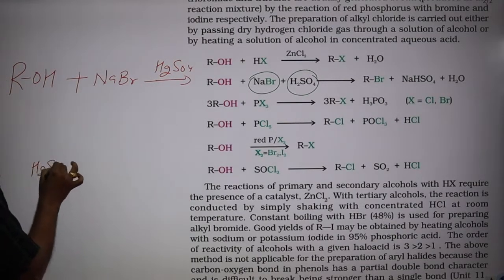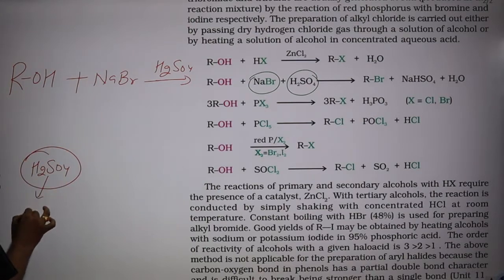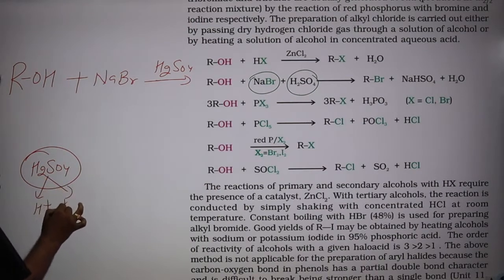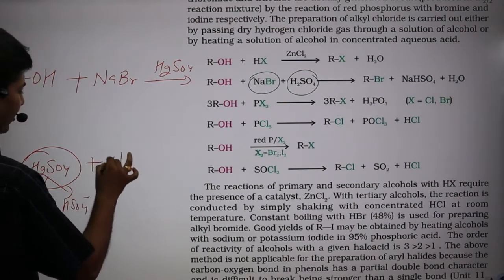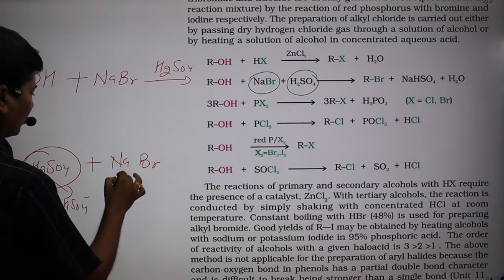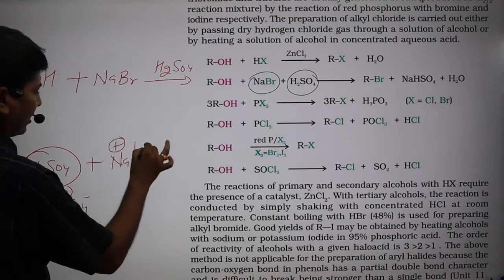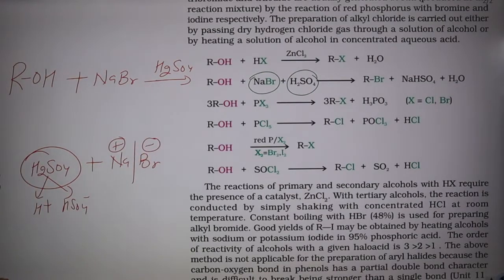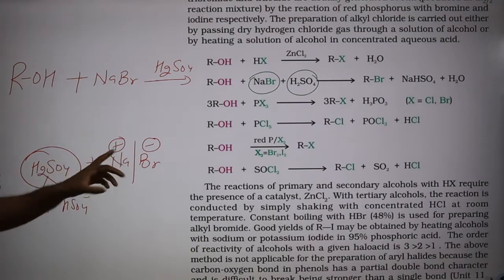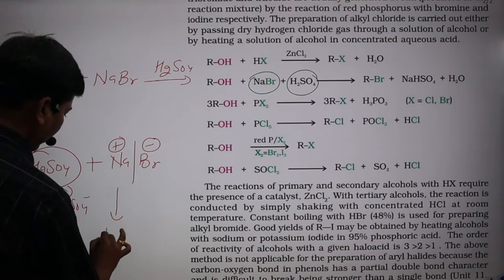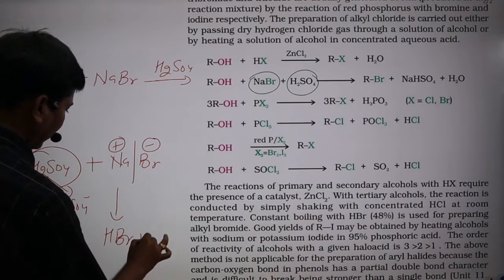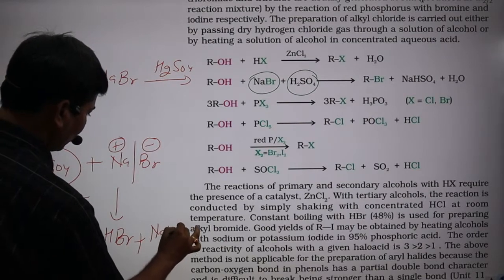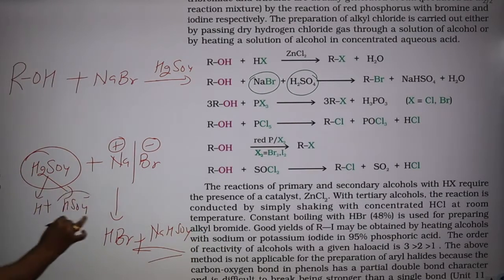H2SO4 is a strong acid; it can dissociate into H plus and HSO4 minus. NaBr is a salt; it can also dissociate into Na plus and Br minus. This H plus ion will combine with Br minus, so we get HBr, and Na plus combines with HSO4 minus to give NaHSO4, by plus-minus attraction. From here we are getting a strong acid.